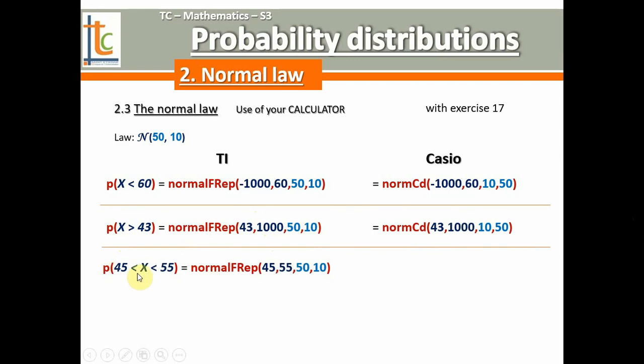If you've got an interval with two real numbers, you just have to put them as an interval, of course. 45, 55, 50, 10 for the Texas, and 45, 55, 10, 50 for the Casio. So it's very direct, quick, and simple on a calculator to ask for a probability in the normal distribution. But you have to avoid mistakes by entering the parameters of your question.